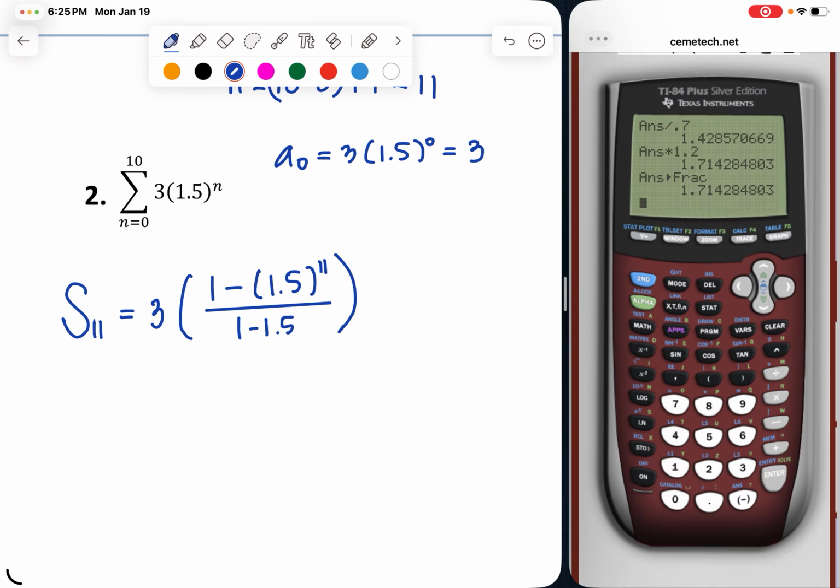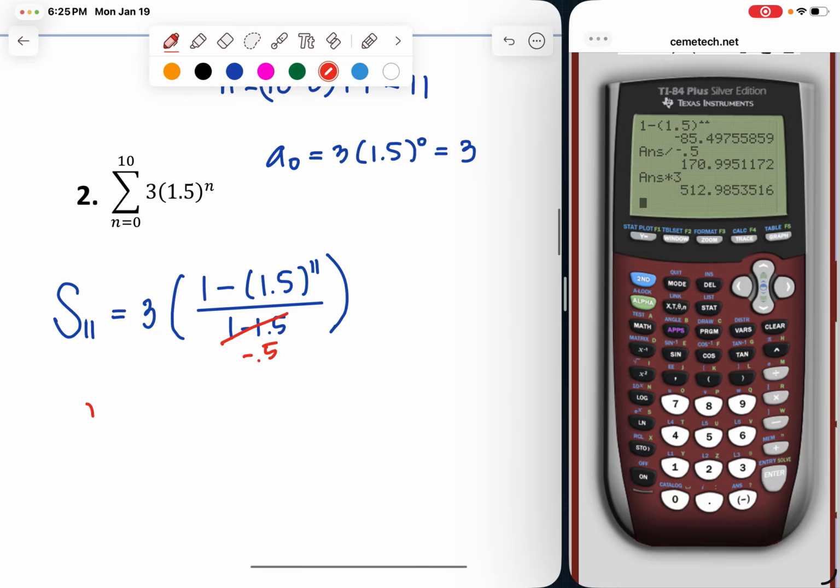Once again, I'm going to do a little mental math. 1 minus 1.5 is negative 0.5. And now I'm going to use my calculator. 1 minus, parentheses, 1.5, parentheses, to the 11th power, enter, divided by negative 0.5, enter, times 3, enter, and I get 512. And once again, we're rounding, so you could put approximately, you can put equals, it doesn't bother me. 112.985.